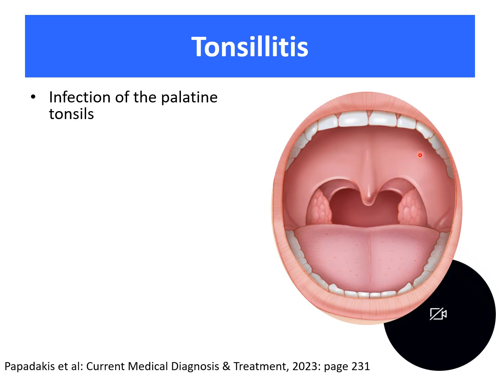Upwards and at the back here, surrounding the openings of the eustachian tube, are the tubal tonsils. At the back of the nasal passage, an area called posterior nares, you're going to find the adenoids, and then you might find some lymphoid follicles around the posterior pharyngeal wall there.